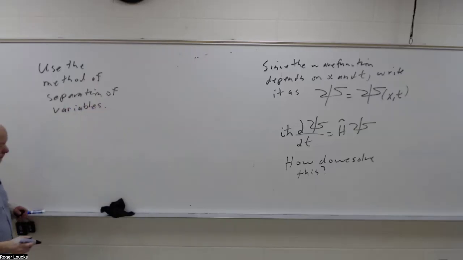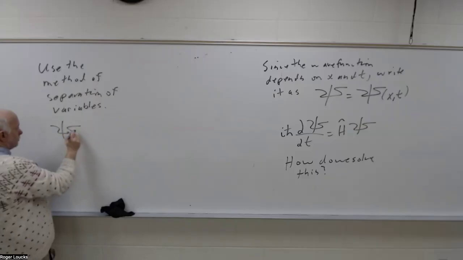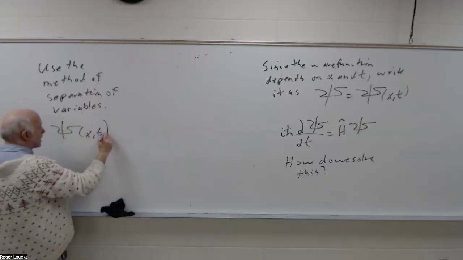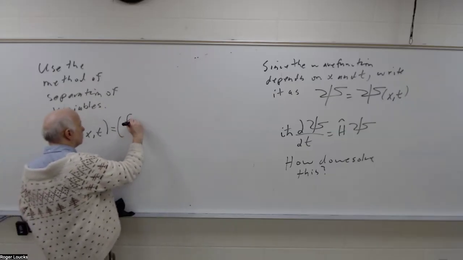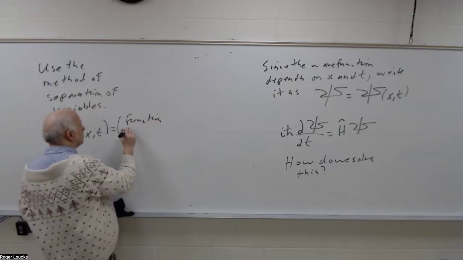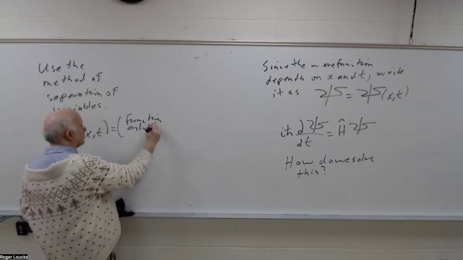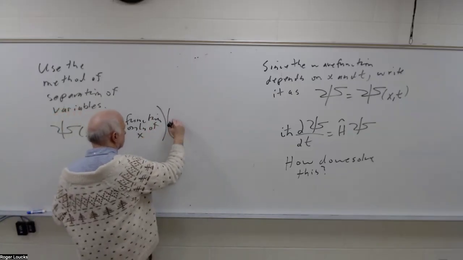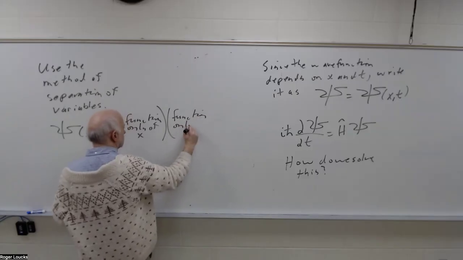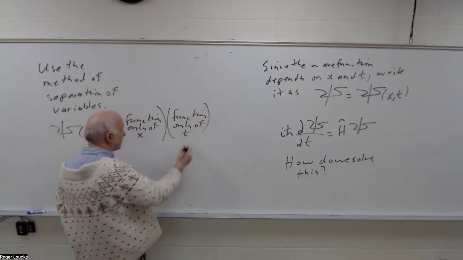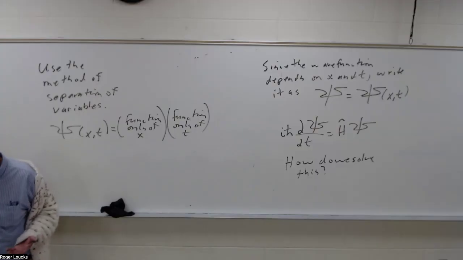This means the following. I'm going to write this as two functions: a function only of x times a function only of time. That's what it means to be separation of variables.